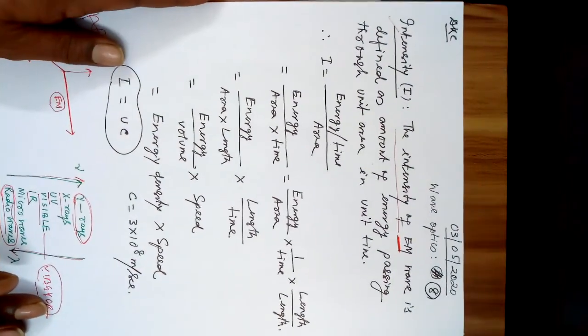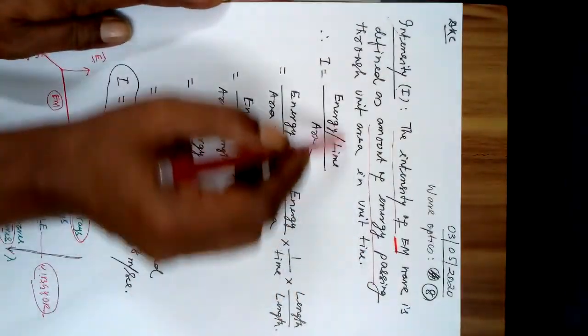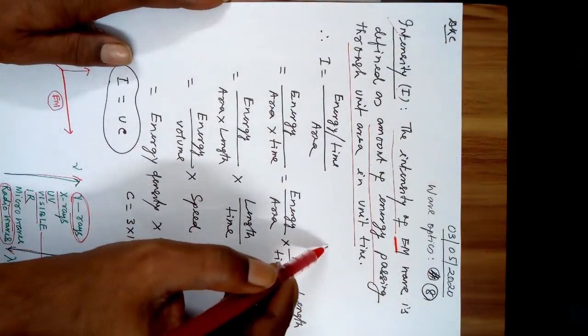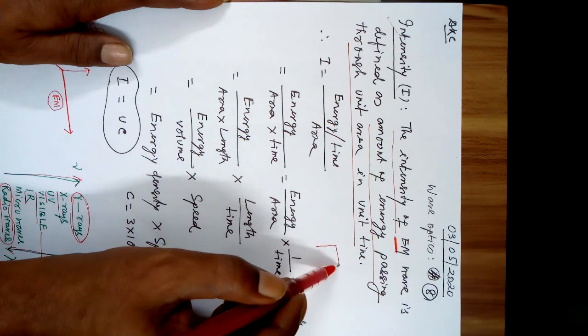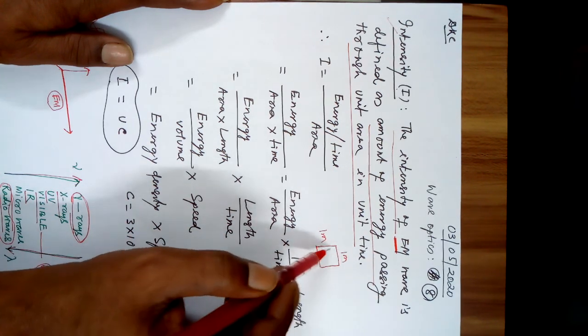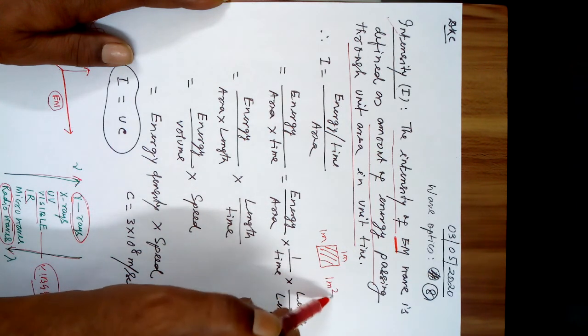So now coming back to intensity. Intensity of an electromagnetic wave is defined as the amount of energy passing through unit area in unit time. What do you mean by this? This is 1 meter, this is 1 meter, this is 1 meter, this is 1 meter. So this area is equal to 1 meter into 1 meter, that is 1 meter square.